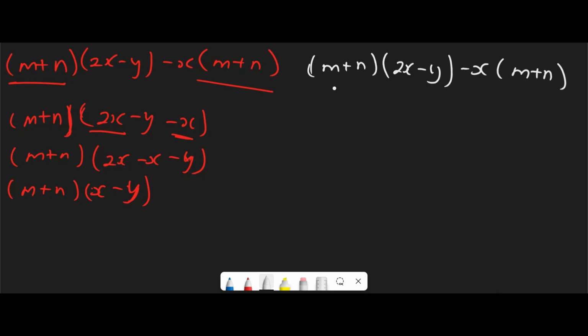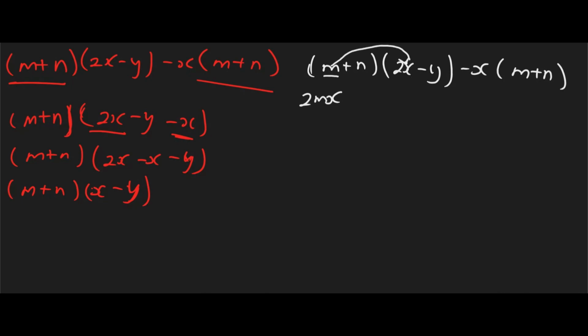So let me expand. This is multiplication of two binomials, so I can just multiply. M times 2x is going to be 2mx and m times y.